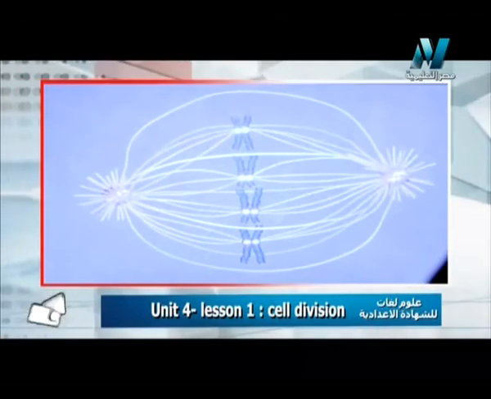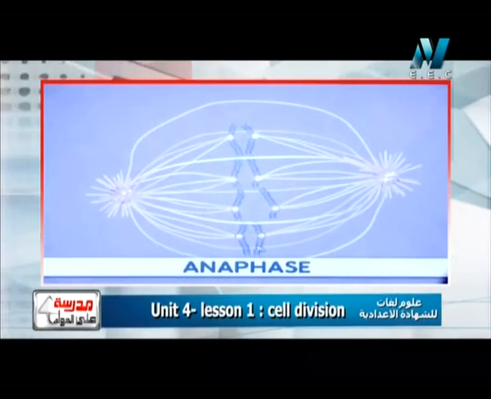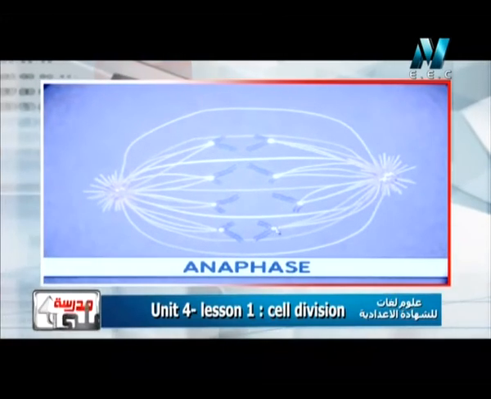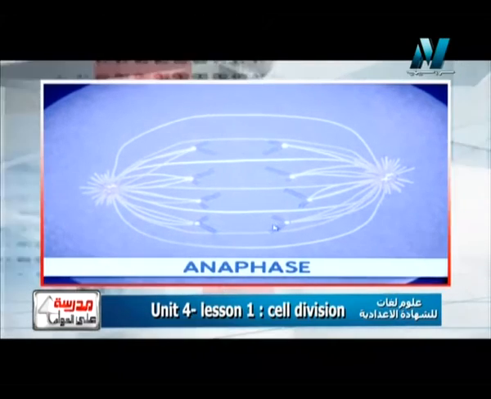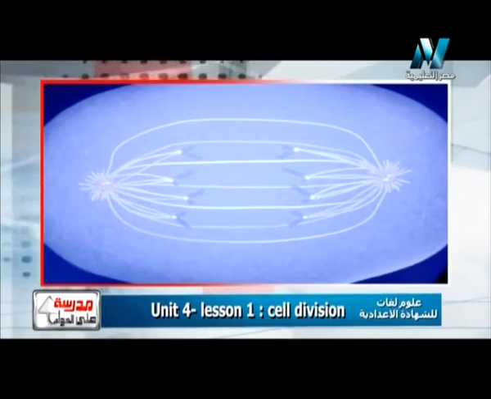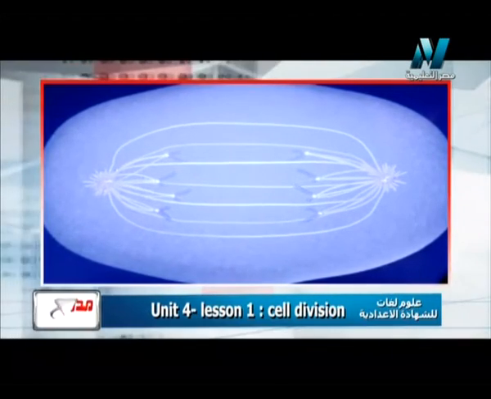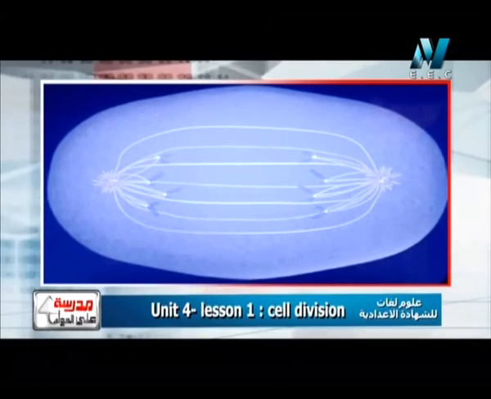Then after this stage, in anaphase, the spindle fibers shrink with what? With chromatids, not chromosomes, with half chromosomes as chromatids toward the two poles of the cell.